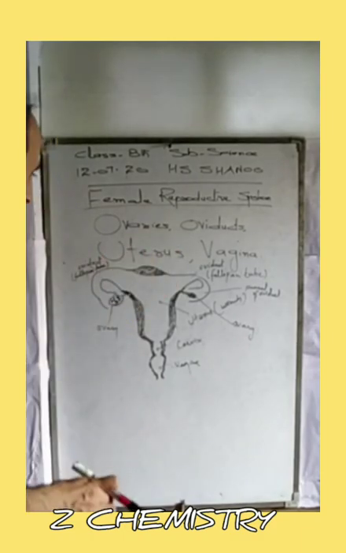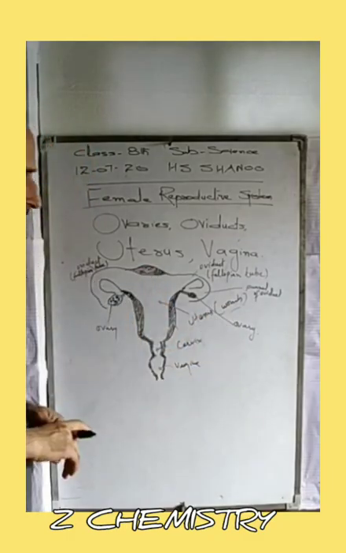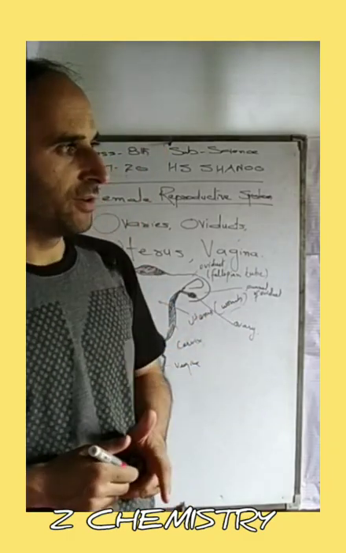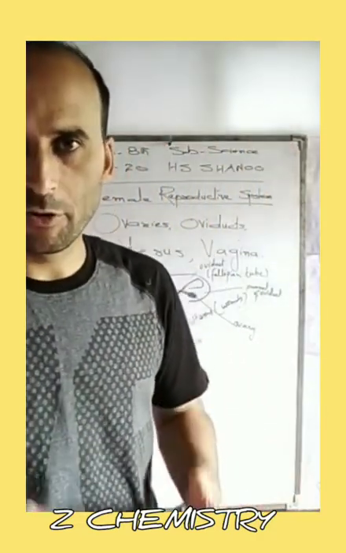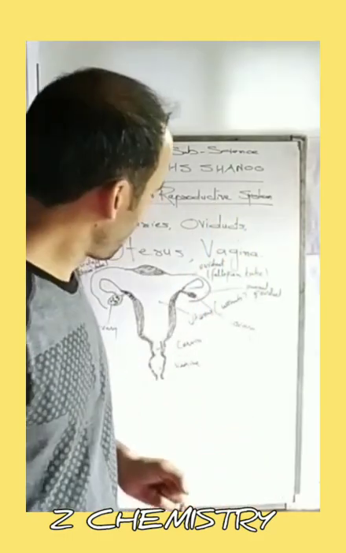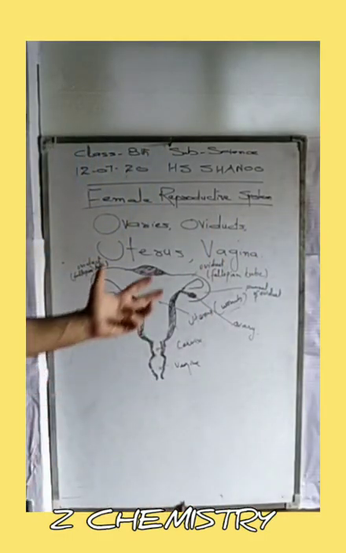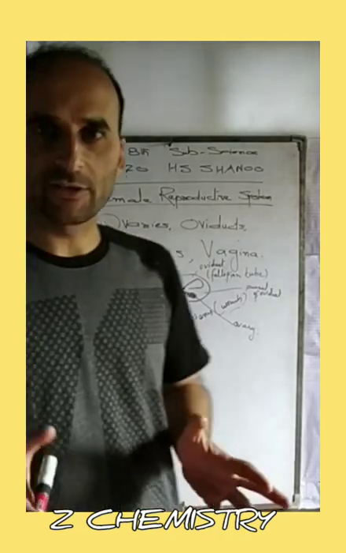The uterus is also called the womb. It is the part of the female reproductive system where fertilization occurs and where the development of the embryo, or the baby, occurs. Then there is the vagina, the point of sexual intercourse.